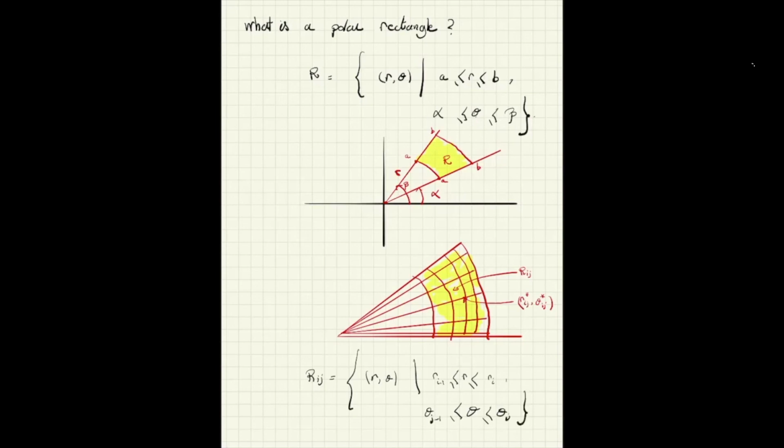Here we're just breaking down the radius into very small pieces, and each one has length r_i minus r_{i-1}.